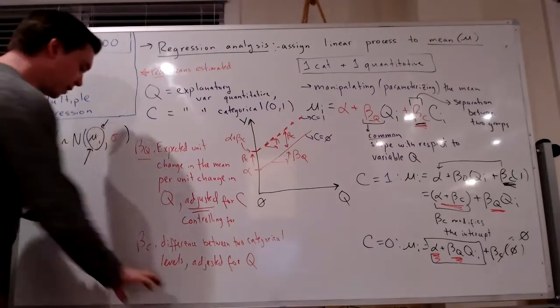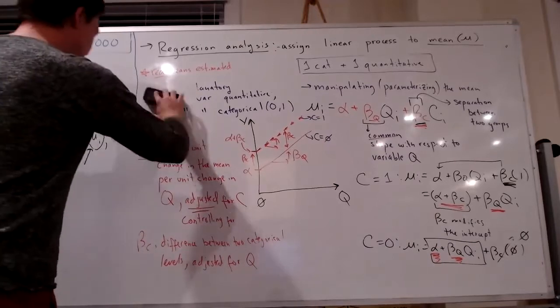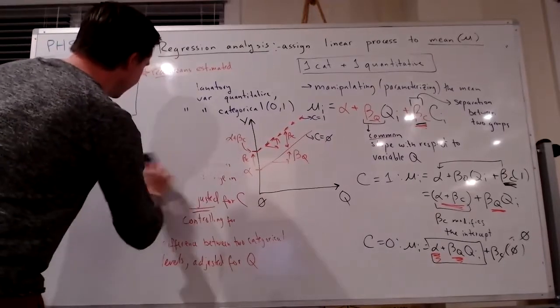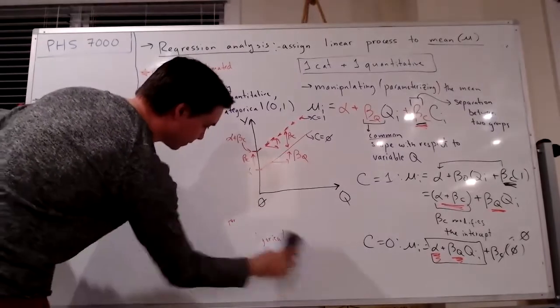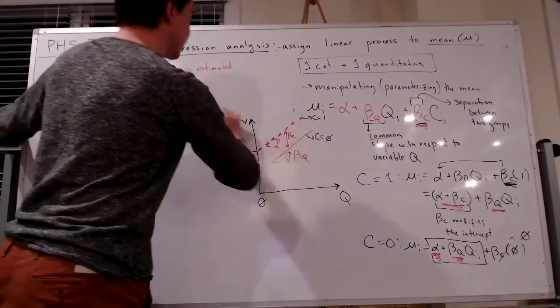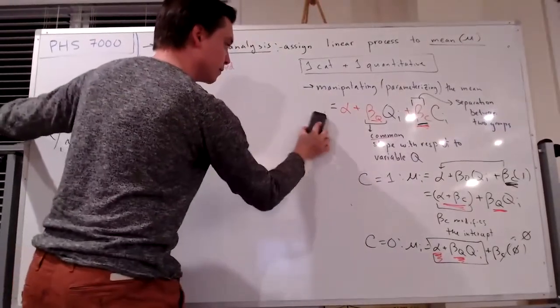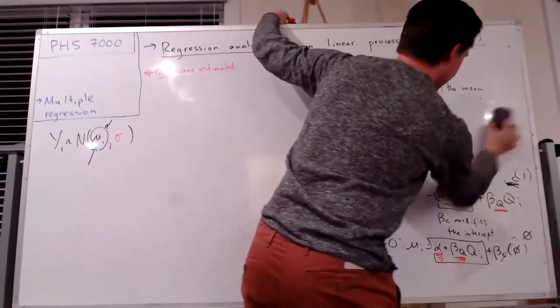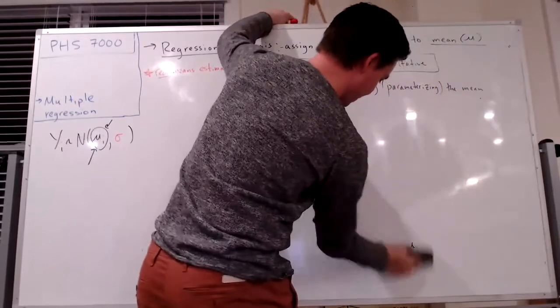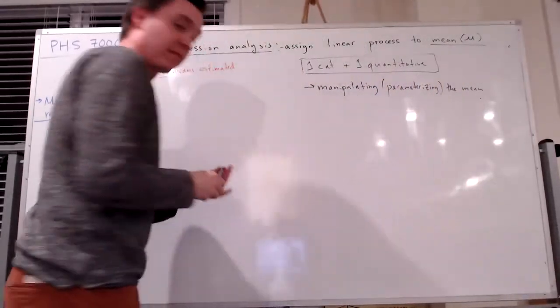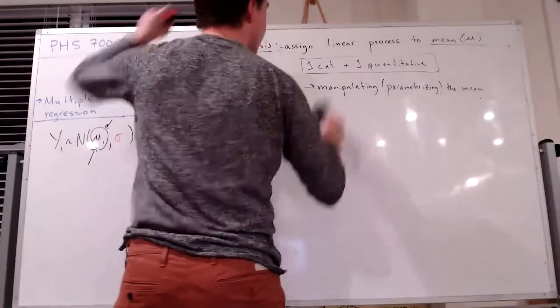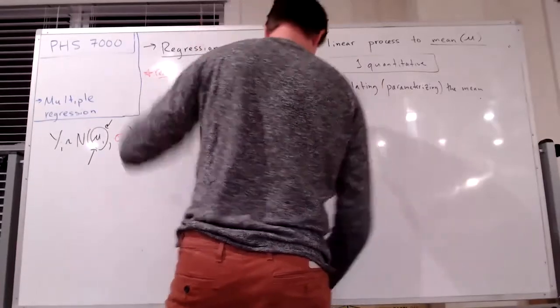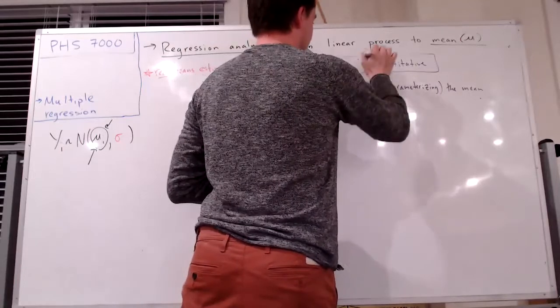Okay, moving right along. That's one quantitative, one categorical. The next one is two quantitative variables. All right, we're still manipulating the mean.